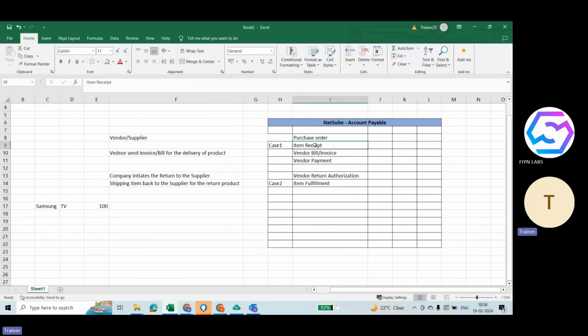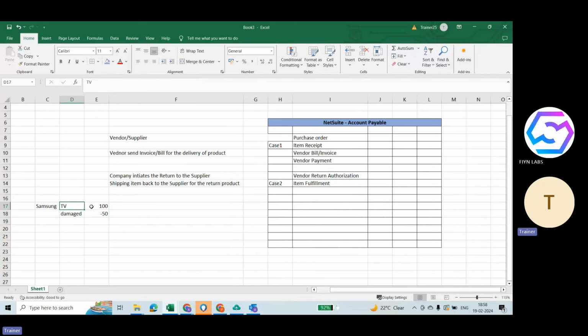Then you receive the product. What happens when you receive the product in your warehouse? Definitely the product quantity increases by 100. However, out of that 100 quantity, assume 50 were damaged. Generally it doesn't happen, but I'm just telling you.